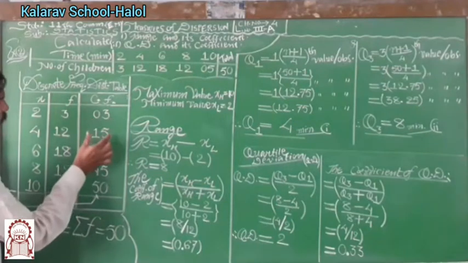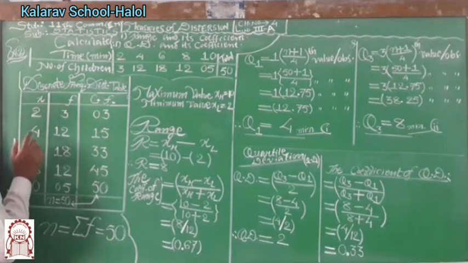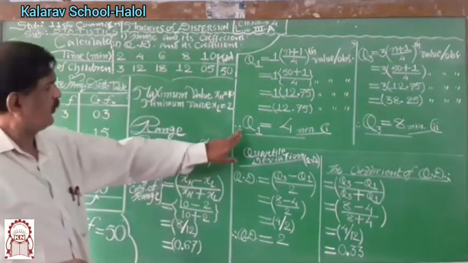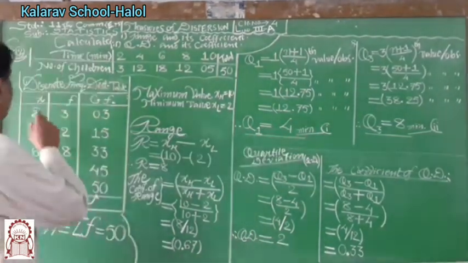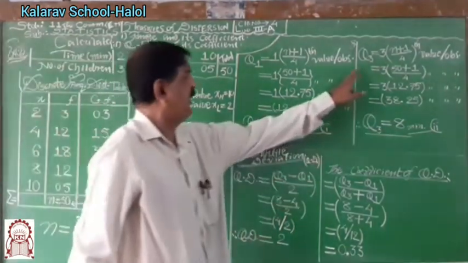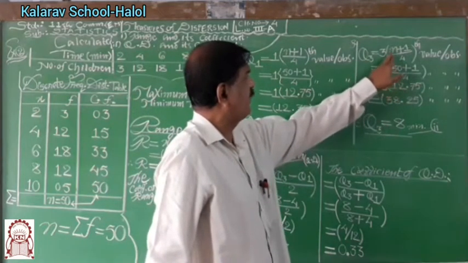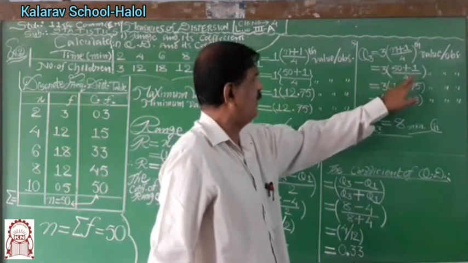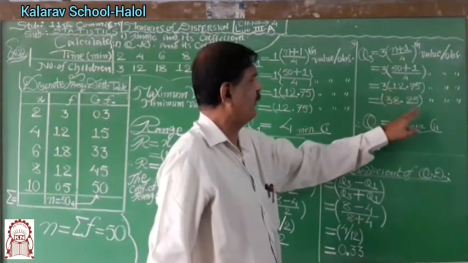Up to 3, up to 15, this is the value. The relative observation is 4, so Q1 equals 4 minutes, because x is given in terms of time in minutes. Similarly, for Q3, 3 times n plus 1 upon 4, with frequency total 50: 12.75 into 3 means 38.25.